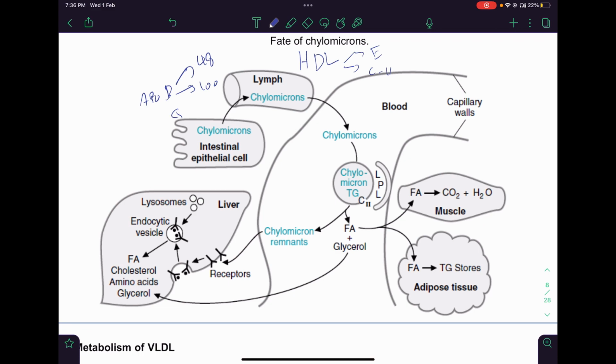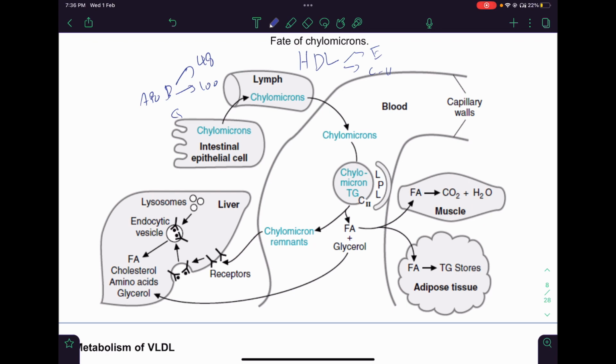Now, what is their normal function? They exchange with each other. When they exchange, the chylomicron gives a little bit of fat to the HDL, and the E and C2 will be taken by the chylomicron. This is all in the lymphatic system, not the blood circulation.